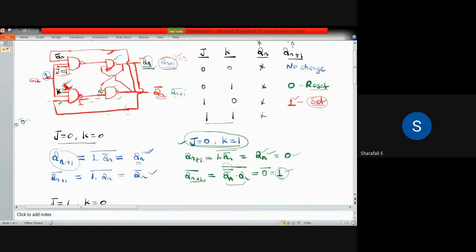If you take the dot product, 1 dot Qn bar will come, and the whole bar will come. Now we have Qn bar coming here also for this second AND gate. That will give you Qn. This is Qn bar, whole bar, so that is Qn. Here it will come Qn bar. So that will give me 1.